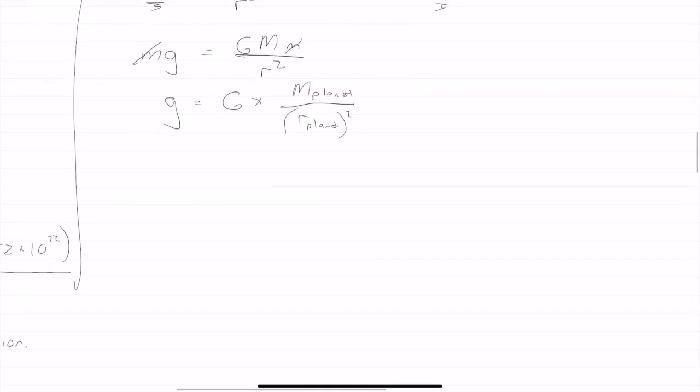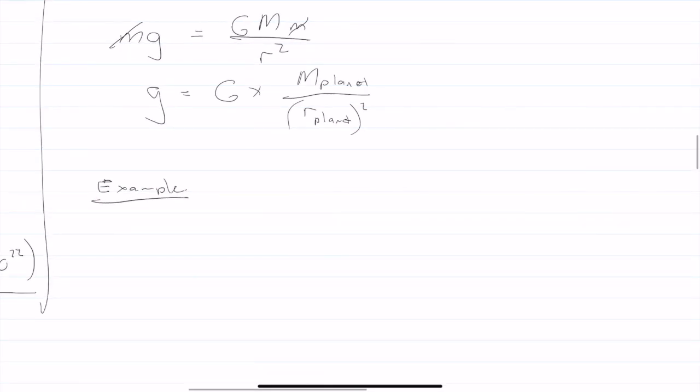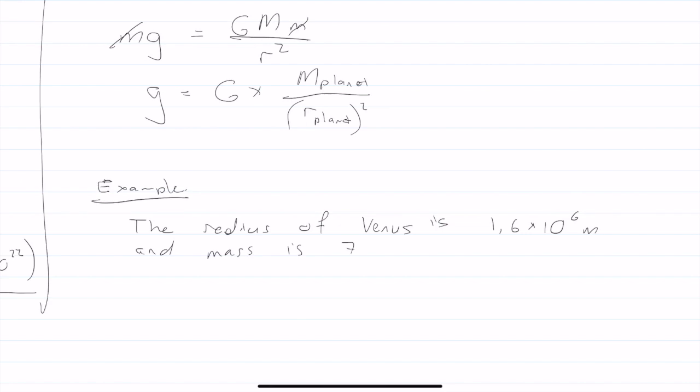So let's say the radius of Venus is 1.6 times 10 to the 6 meters, and its mass is 7 times 10 to the 23 kilograms.